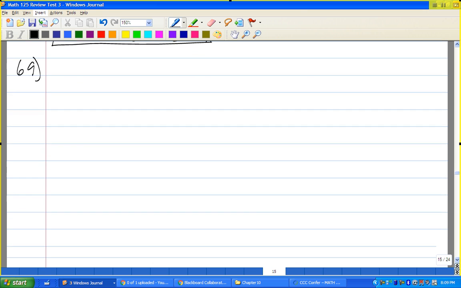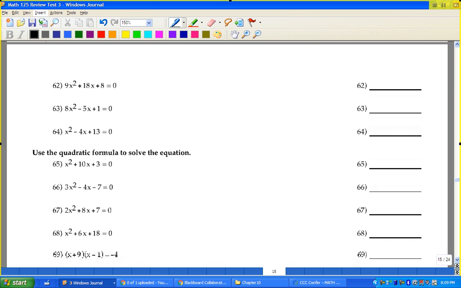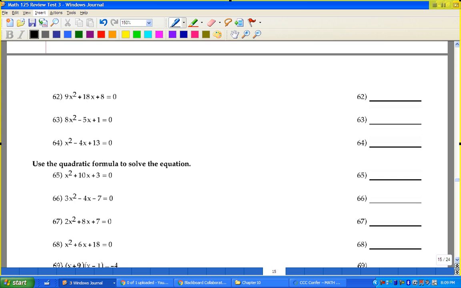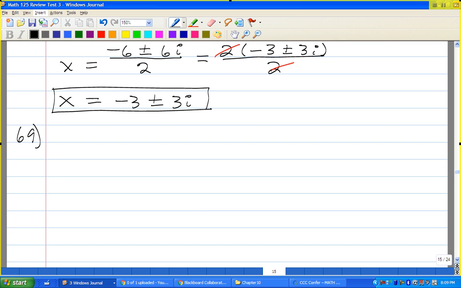Okay, so x plus 9 times the quantity x minus 1 equals negative 4.